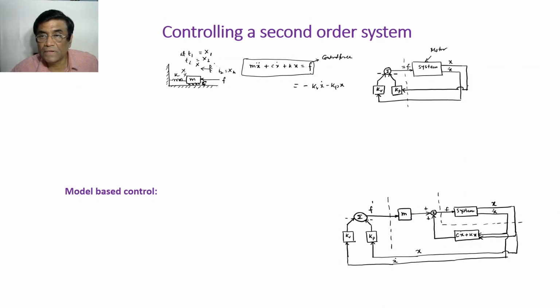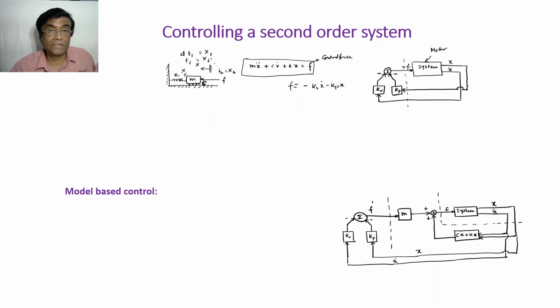F is the signal going out from the junction, and these are the two signals coming into the junction. So input signal equals output signal. F is equal to minus Kv x dot minus Kp x, because negative feedback I have designed. So this is my design.